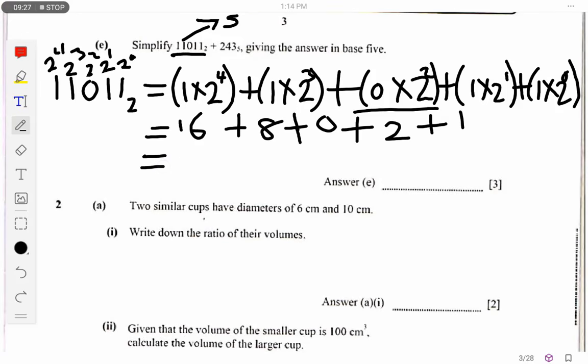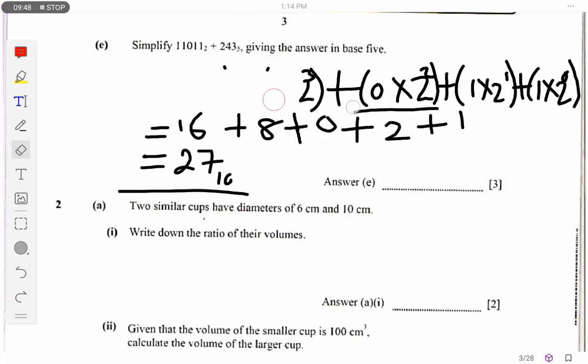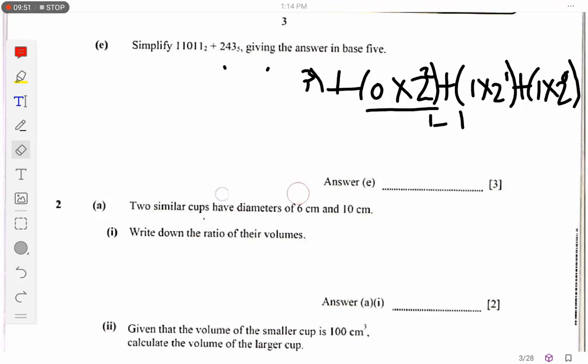So if we add all of these numbers, we are going to get 27 base 10. Okay, so for this question, the space they provided was very small because we have just done one step. And now we want to convert this base 10 to base 5. Let's convert that number. I'm going to rub off this and we convert 27 base 10 to base 5.